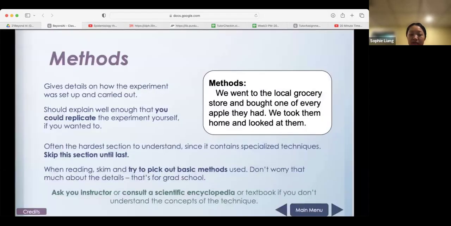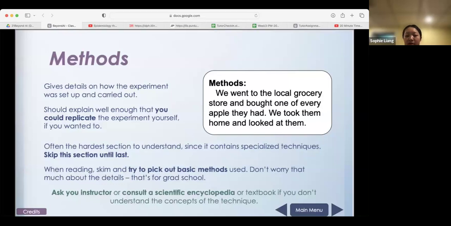Okay, so the method section gives details on how the experiment was set up and carried out. And this section should explain well enough that you could replicate the experiment yourself if you wanted to. So it should be detailed enough that you could copy it and do the exact same experiment as the researcher.